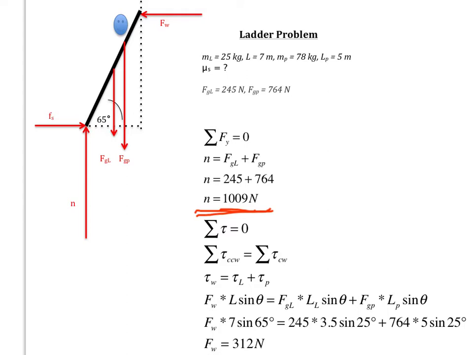The lever arm is the line that goes from the axis of rotation to the line of action at right angles. Notice that if that's 65 degrees, then that's 65 degrees. And so that's the angle that is right here.